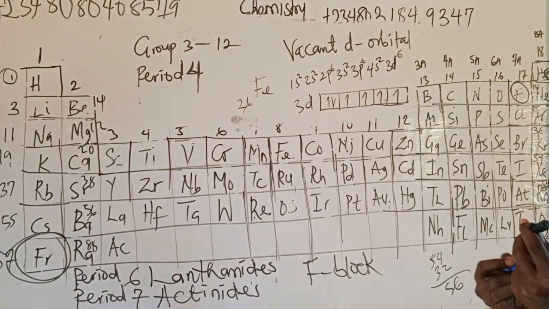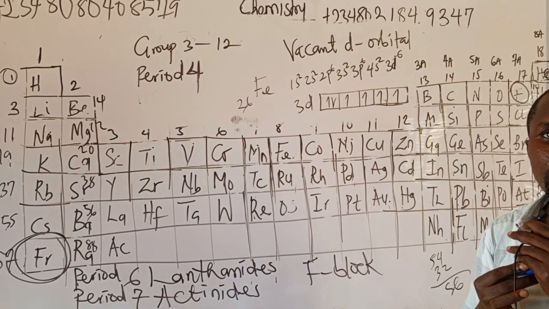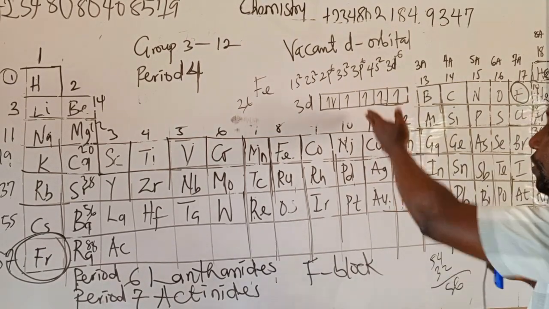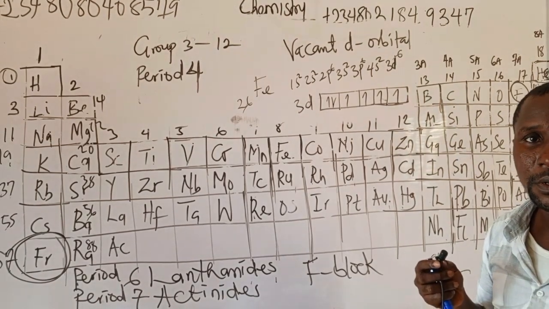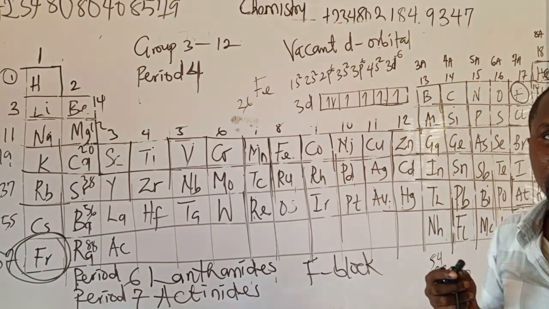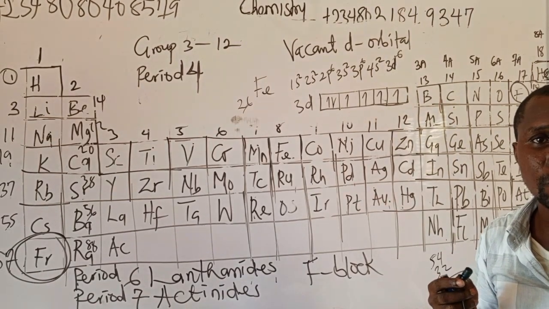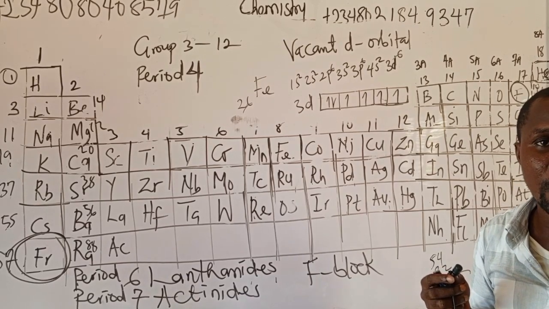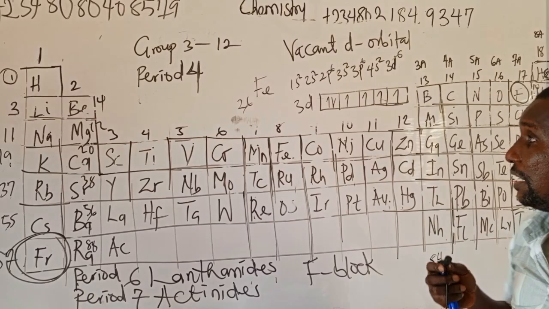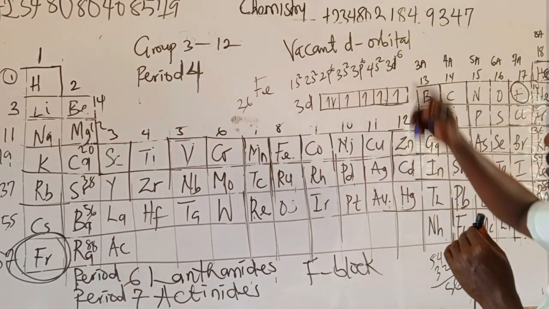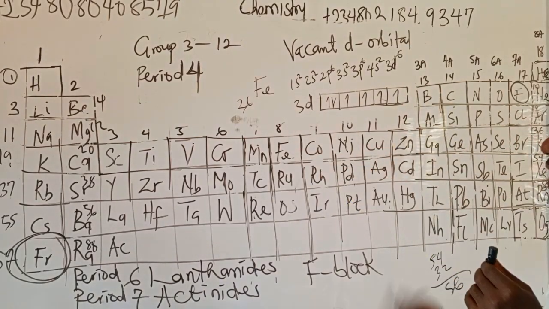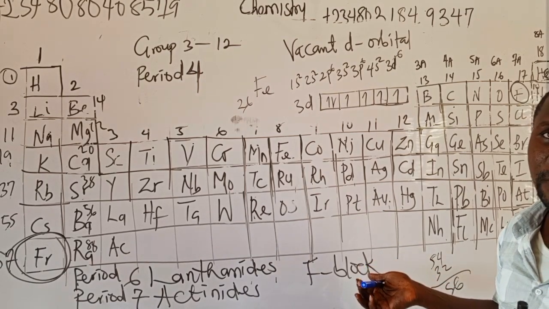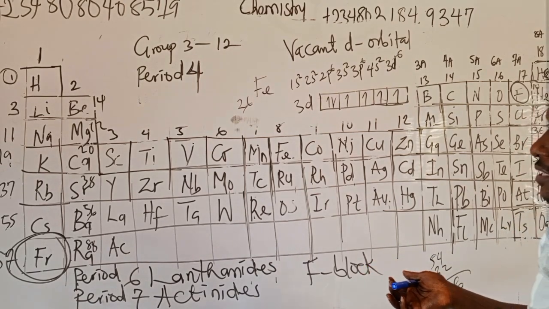It has a vacant d orbital. It's not fully filled. That means transition elements have vacant d orbitals; their d orbital is not fully filled. Can you see? It has a vacant d orbital. That means iron is an example of a transition element.